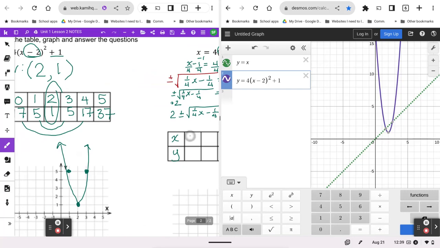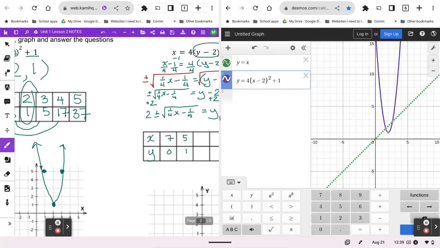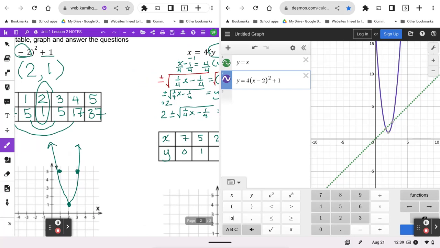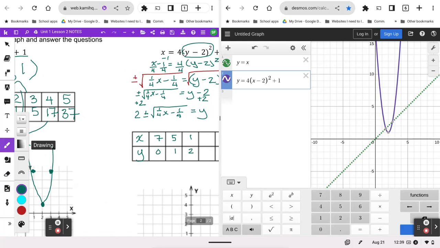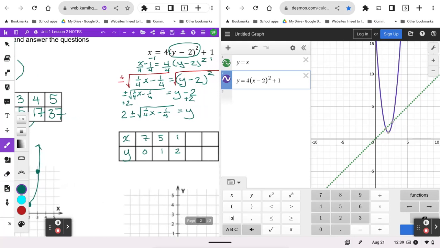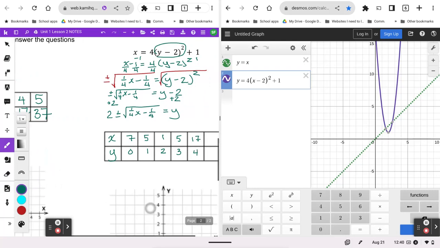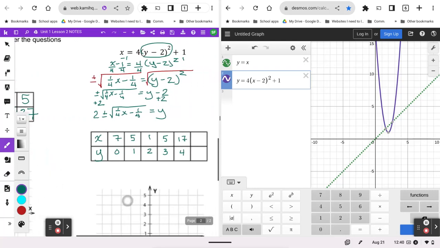So we're going to go 17, 0, 5, 1, 1, 2, 5, 3, and 17, 4. Oh, and 37, 5.